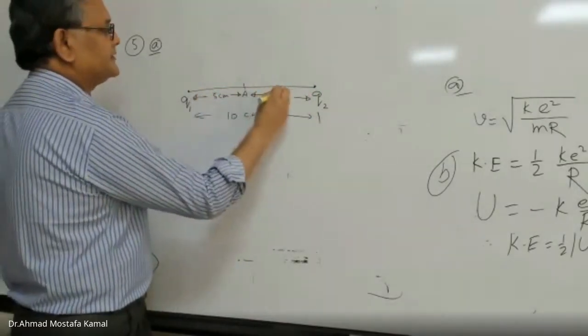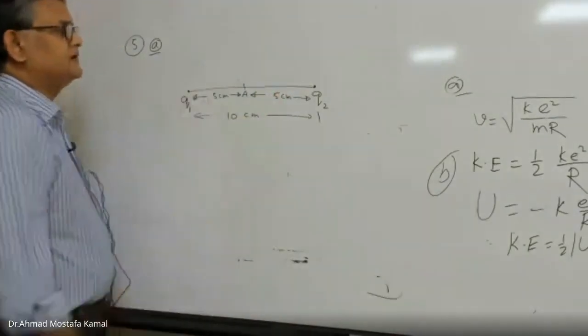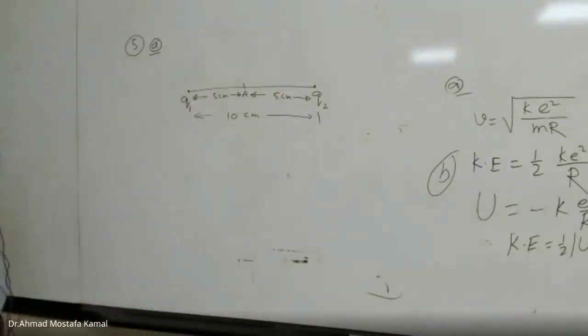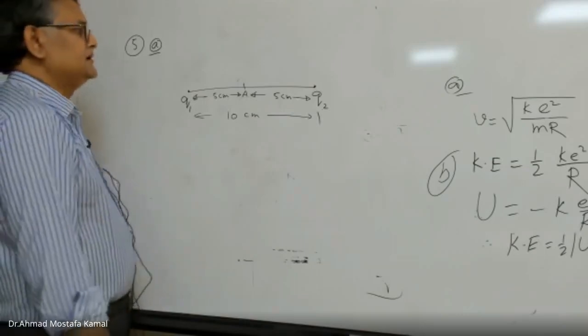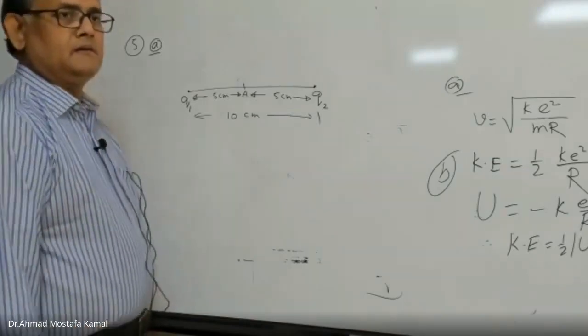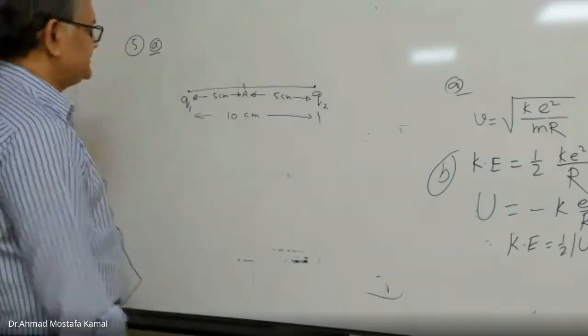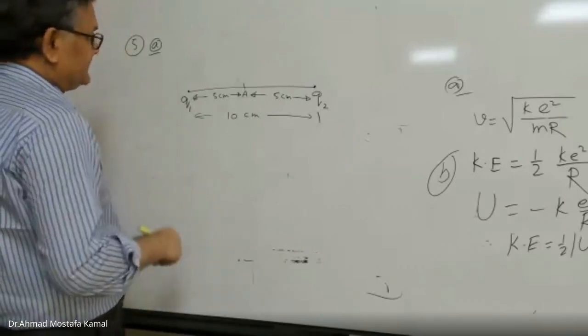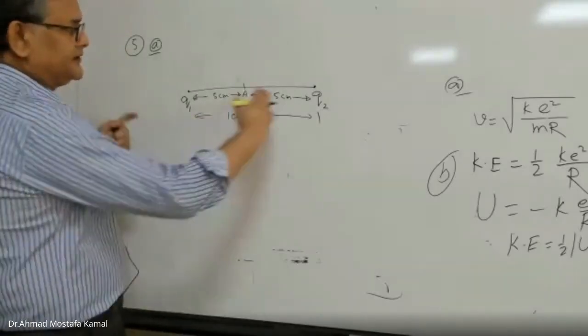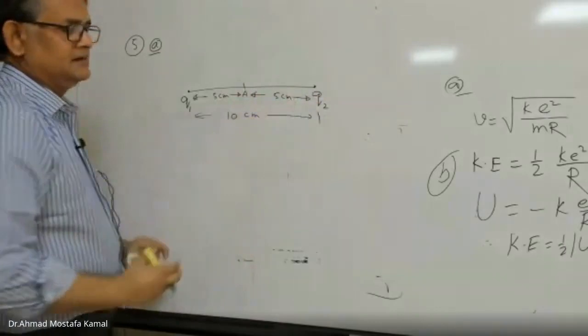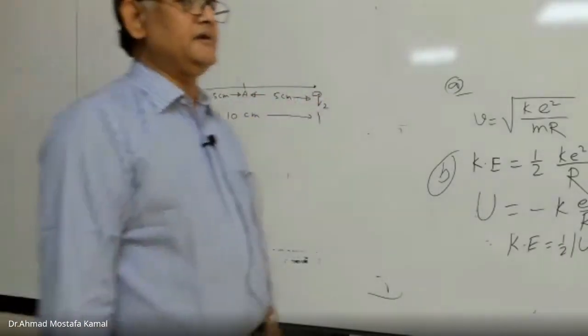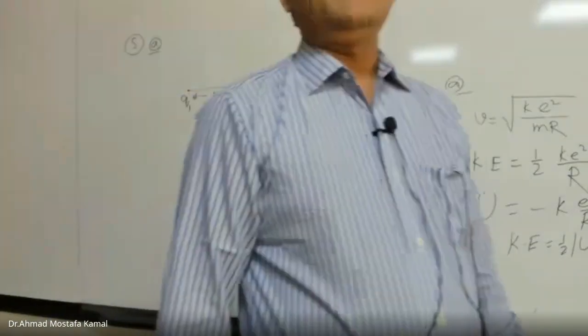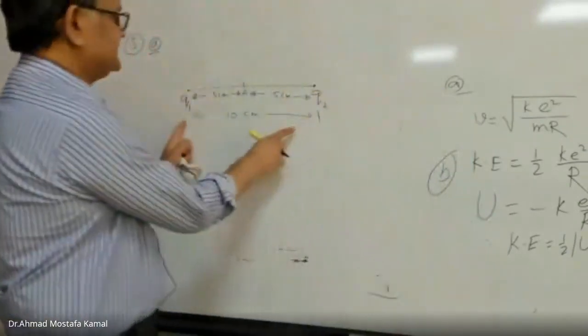This is 5 centimeter. Okay, since A is midway between them, and point B is 8 centimeter from Q1 and 6 centimeter from Q2. So obviously it is not in this line. 8 and 6 total is 14. Okay, and the total length is 10 centimeters.